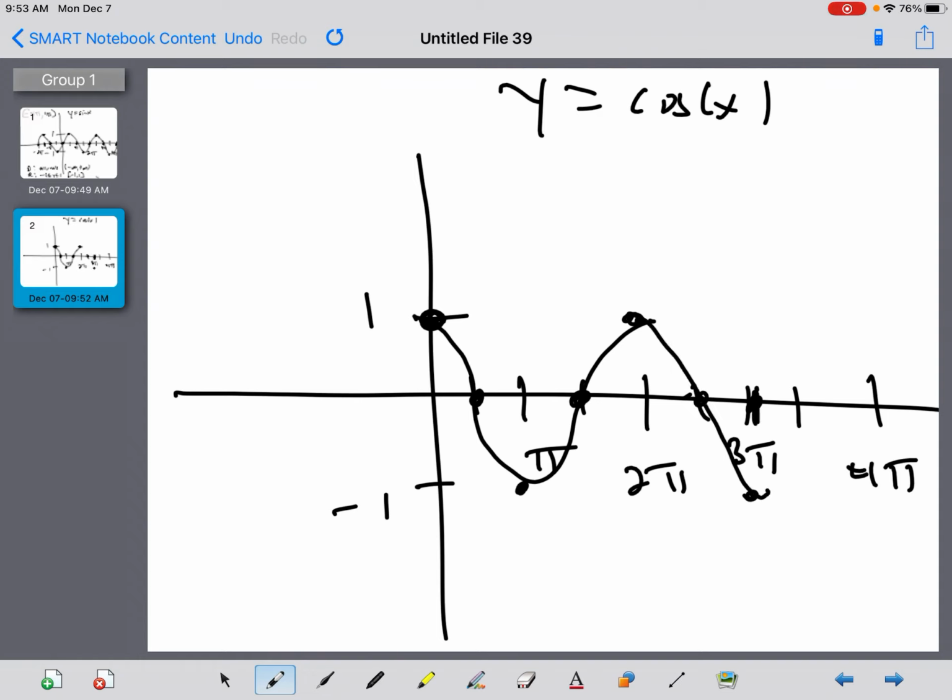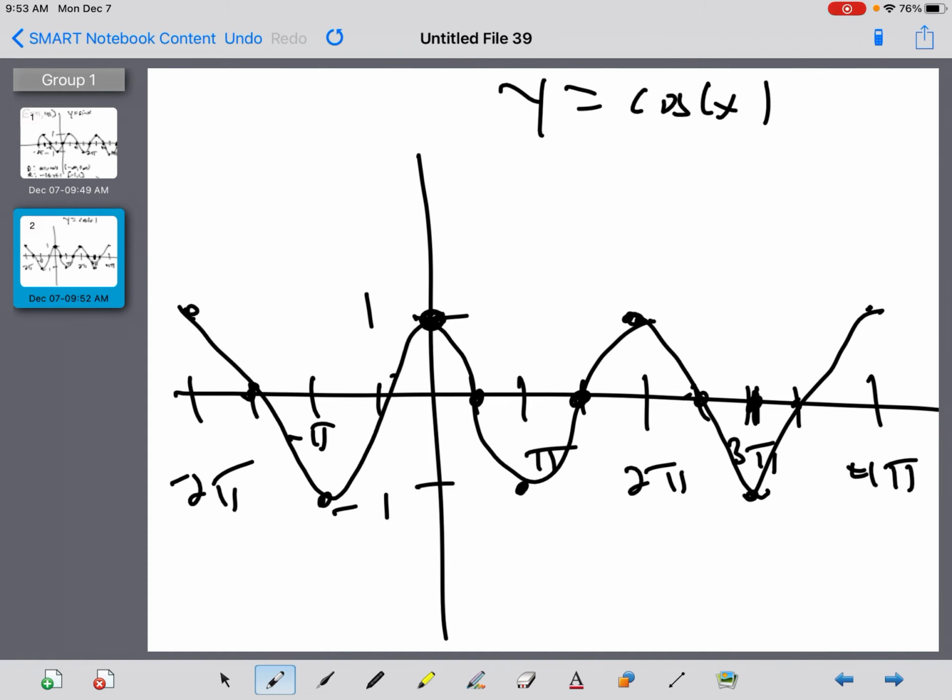So then it goes like 2 cycles. If this is negative 2 pi, so here's negative pi, we got this situation here again. So again, at the odd pi over 2's, we're looking at where it's 0. So domain, negative infinity, positive infinity, range again, negative 1 to 1.